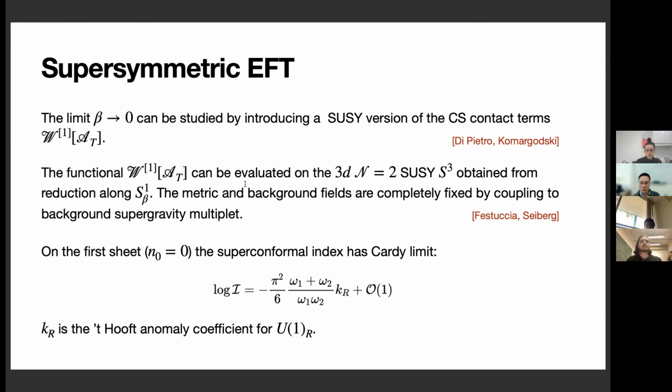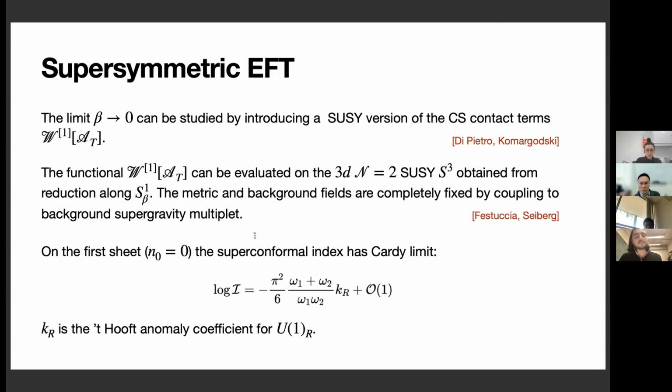In particular, the problem in the supersymmetric world is more constrained because everything that enters in this functional can be evaluated directly in terms of the supersymmetric curved background on S3 that we obtain from the theory when we reduce on the circle. In particular, the metric and all the background fields have a profile that is completely fixed by the coupling to the background supergravity multiplet. So this is the standard story when we want to couple a theory to a curved background while preserving supersymmetry.